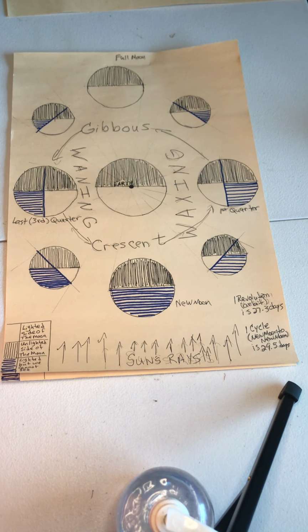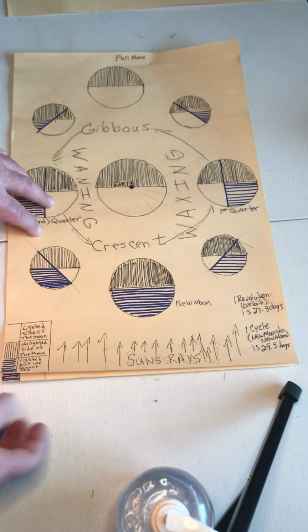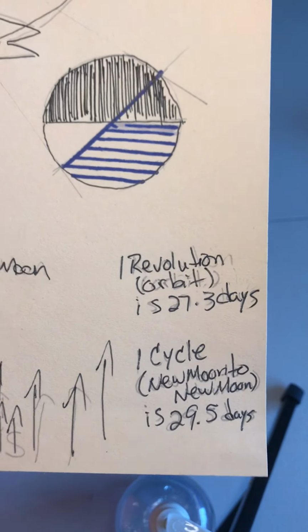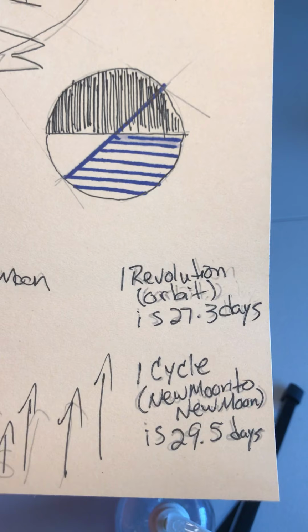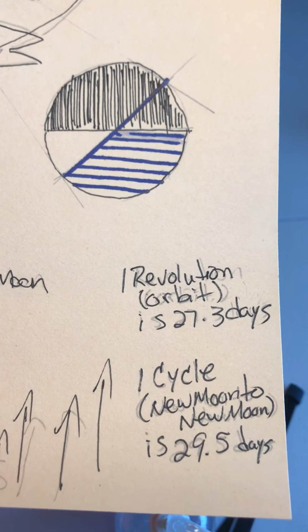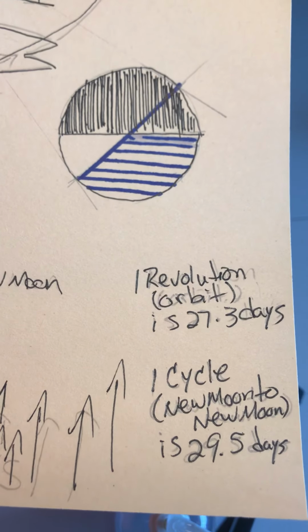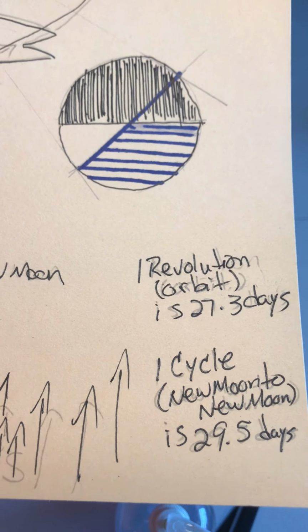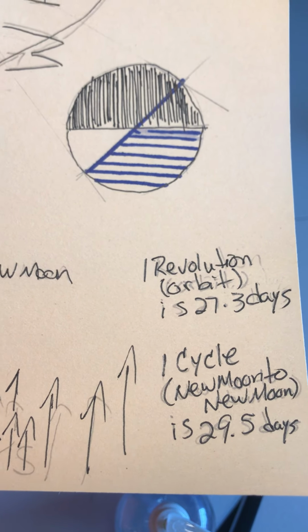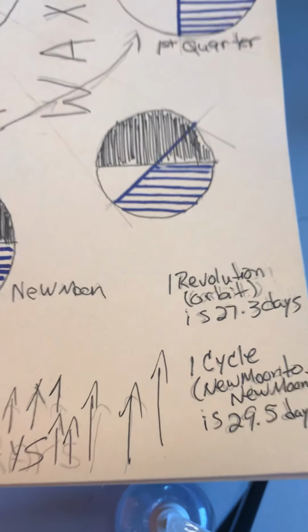of time. So if you look right down here, and I'll bring it up some, one revolution around the Earth is 27.3 days. So it orbits the Earth every 27.3 days. One cycle, though, from new moon to new moon is 29.5 days.